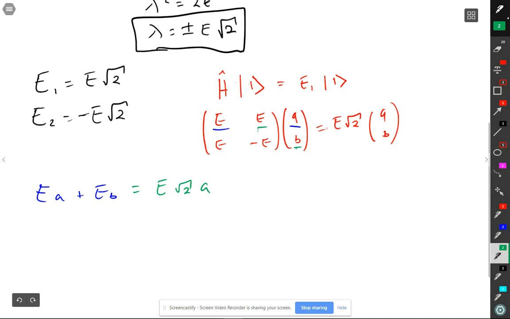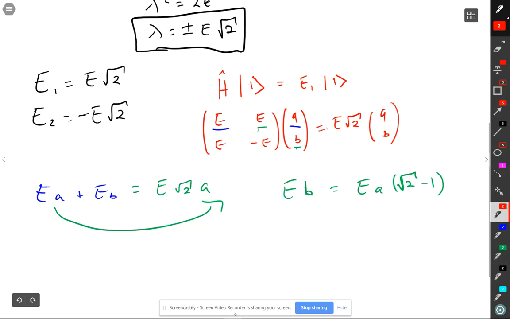Well, let's solve for B. That's the easier one. Move this across. I have EB is equal to A times root 2 minus 1. Divide out the E's, not the B's, and you get B equals A times root 2 minus 1. Not done yet.